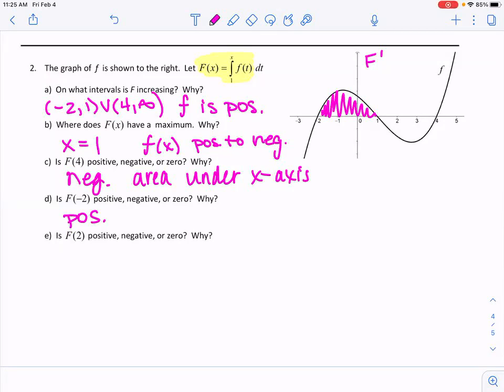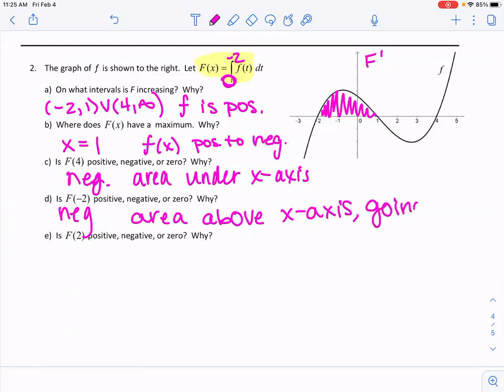Negative 2 to 1 would be positive, but notice how 1 has to stay right here. So what's going to be true about 1 to negative 2? This is actually negative because we have area above the x-axis, but we're going backwards.